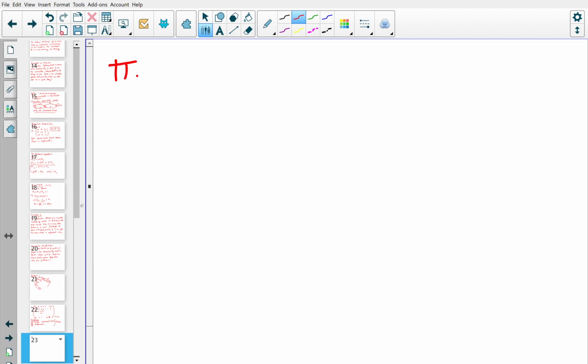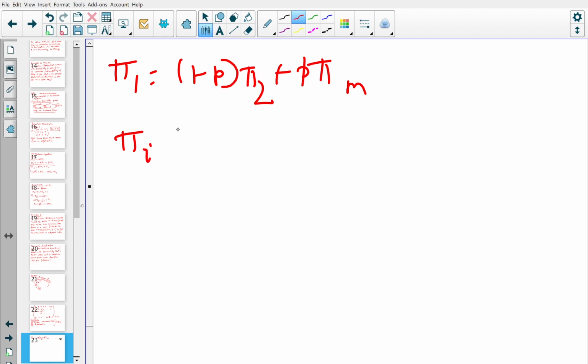And then you can easily find the balance equations, which will be of this form: pi 1 equals 1 minus p times pi 2 plus p times pi m, for state 1. But for 2 to m minus 1, what happens? It will be either i plus 1 or i minus 1.